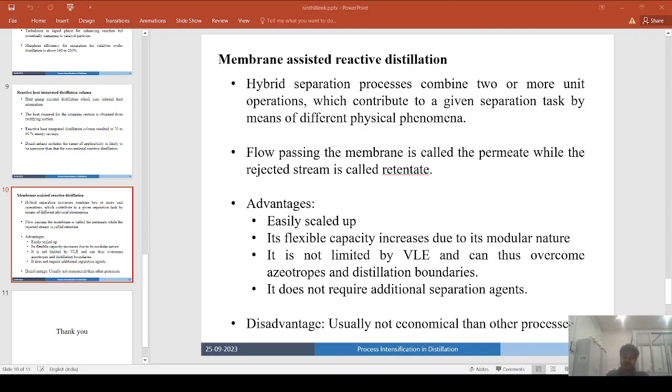So hybrid separation processes such as distillation and membrane separation can be combined, basically combining two or more unit operations which contribute to a given separation task by means of different physical phenomena.